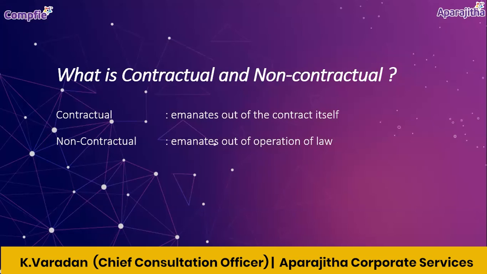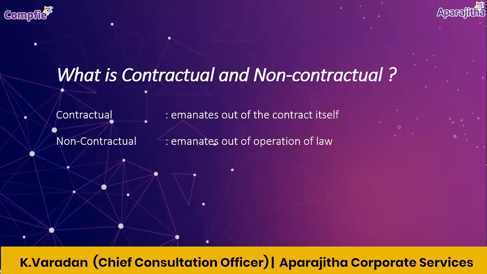For example, PF. You are recruiting a person, so he becomes an employee, and you are giving him 10,000 as monthly salary. Automatically, the Employees Provident Fund and Miscellaneous Provisions Act will be applicable to your establishment and to that person. You will start registering that person under PF and start deductions towards PF accumulations.